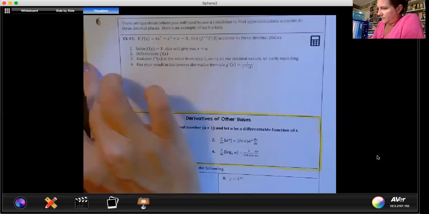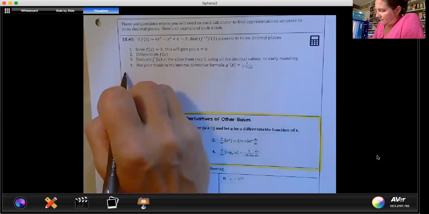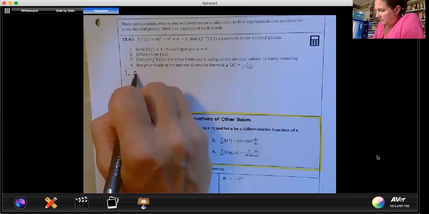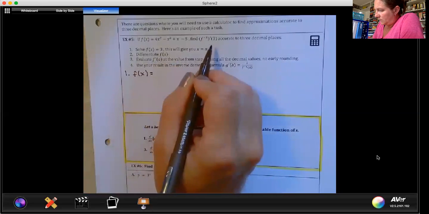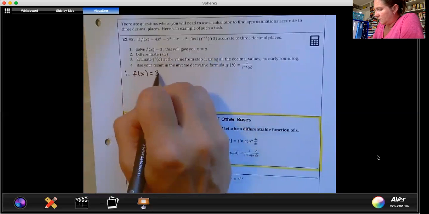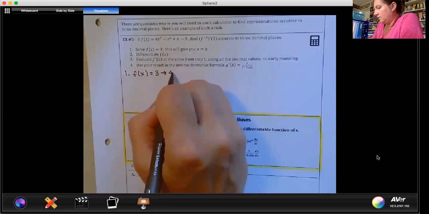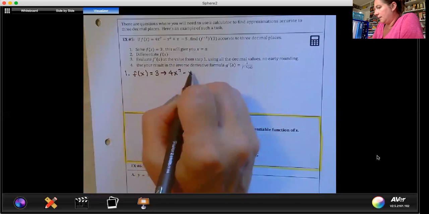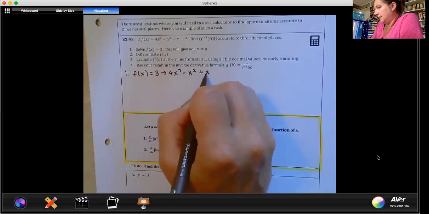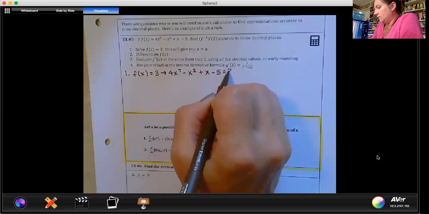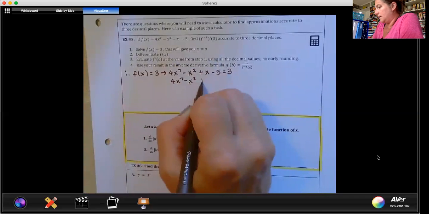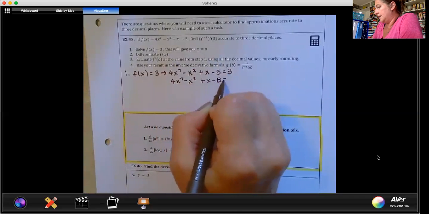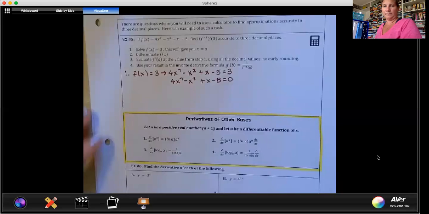All right, so for step 1, f of x, and we're going to set it equal to 3. So what that looks like is 4x to the 7th minus x squared plus x minus 5 equals 3. 4x to the 7th minus x squared plus x minus 8 is equal to 0.